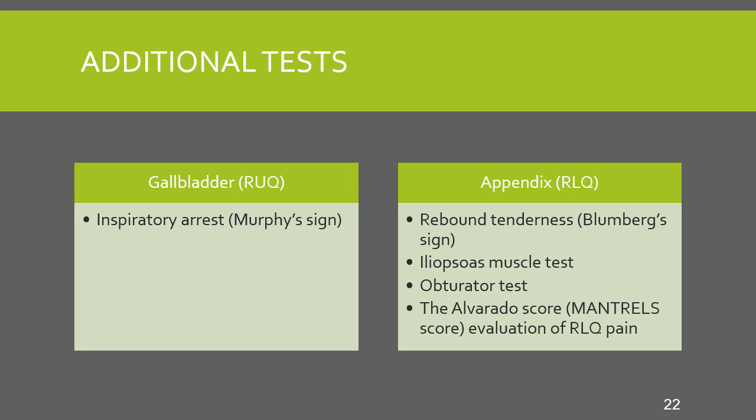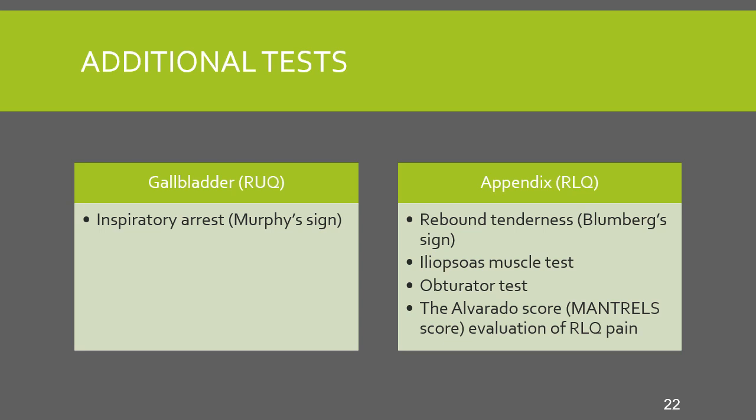So engaging the psoas will cause increased pain. And then there's the obturator test, which is very similar with a rotation of the right extremity. All of that is just moving the psoas muscle, which is irritating or aggravating the appendix. So if any of those are positive, it increases our suspicion for appendicitis.